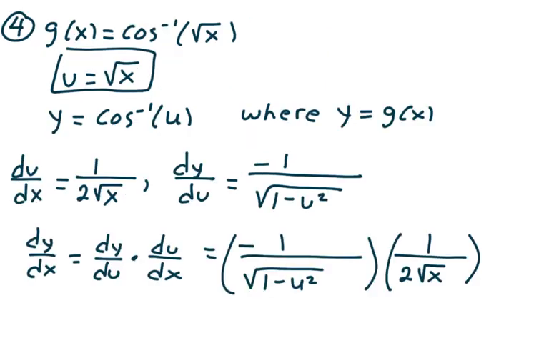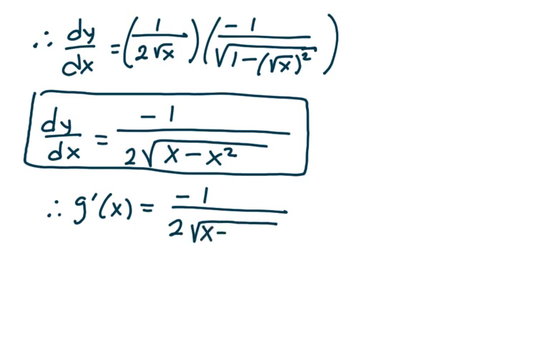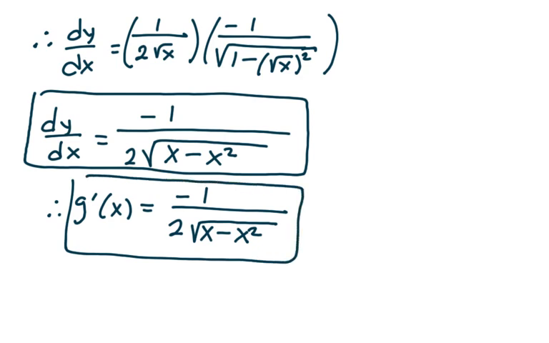Okay, and that was example 4. And if anything, you can take note that this says g prime of x is equal to negative 1 over 2 times the square root of x minus x squared. So it may be more complete to write g prime of x instead of dy/dx, like so.